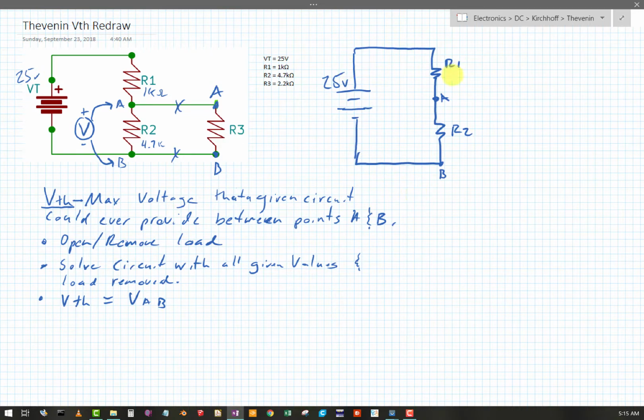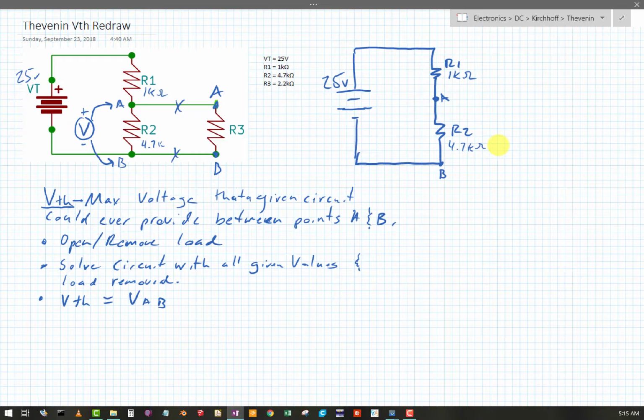Now I can see I just need to solve this little circuit, 1k ohms, all the original values, 4.7k. So now I should see, with R3 removed, my Thevenin voltage is going to be bigger than it would with R3 present, and it's going to be the most this circuit could ever provide.